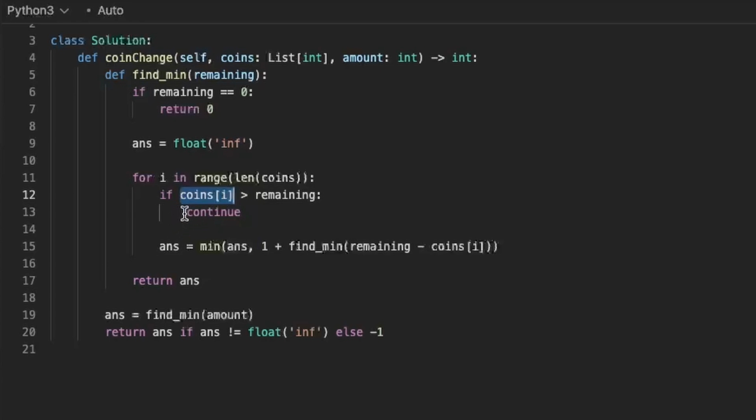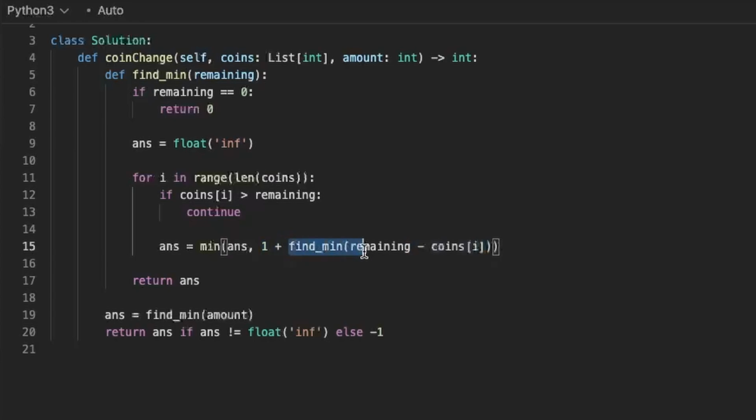So then what we do if we've passed this check is that we're going to update our answer and say, our answer now becomes the minimum of whatever answer we found previously, or 1 plus this recursive function. And this 1 represents we're taking this one coin of this value and we're adding it to a potential answer.